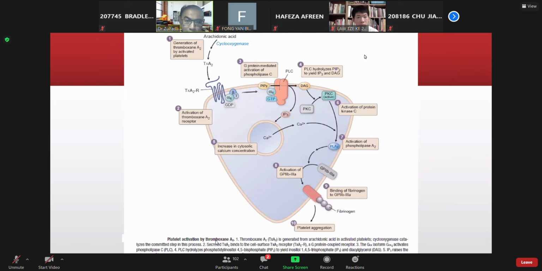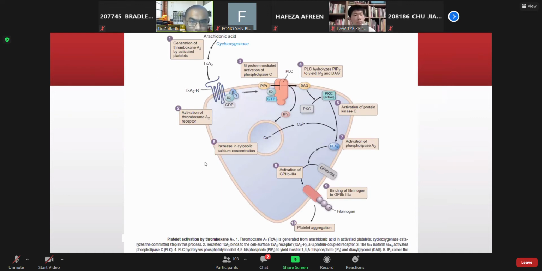This diagram also shows you platelet activation by thromboxane A2. Thromboxane A2 is generated from arachidonic acid.